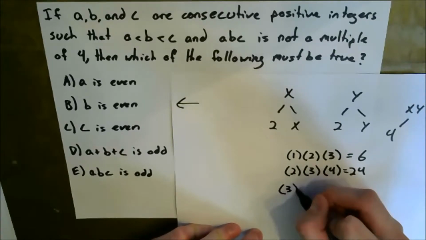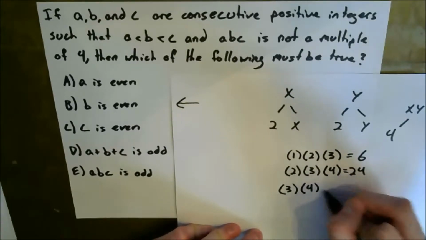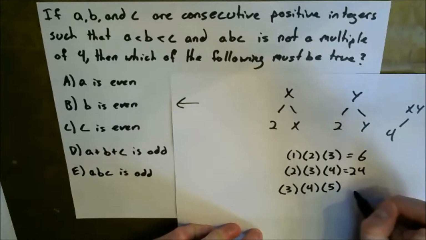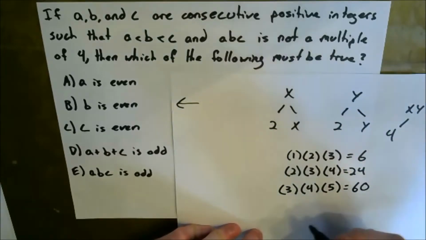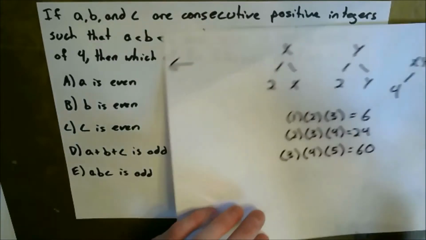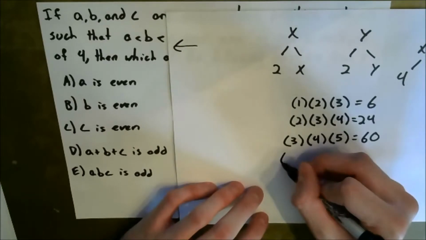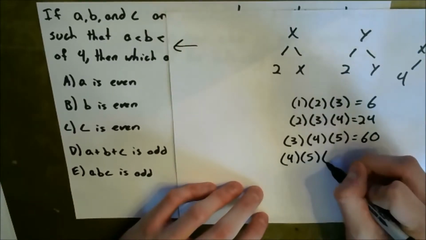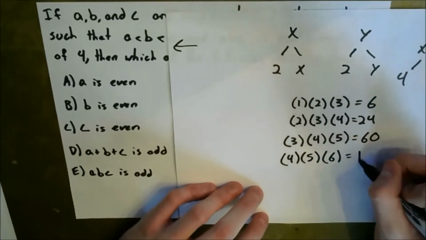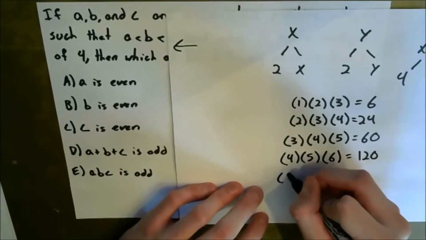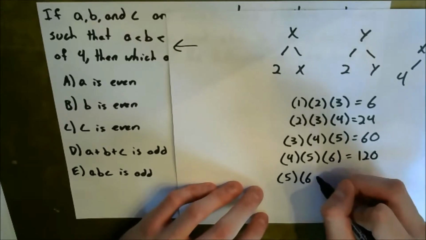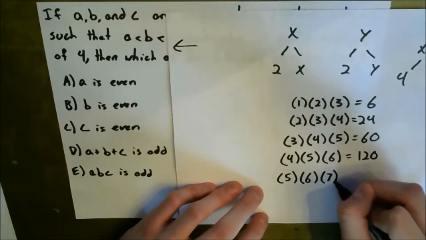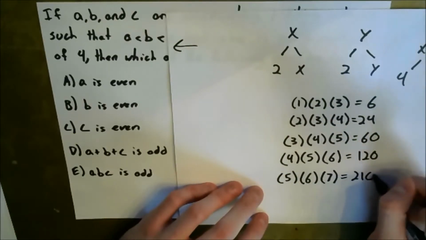Let's keep going. 3, 4, 5 equals 60. Continuing, say 4, 5, 6 equals 120. Let's go one more. 5, 6, 7 equals 210.